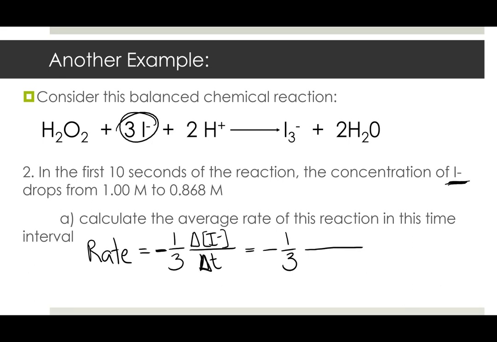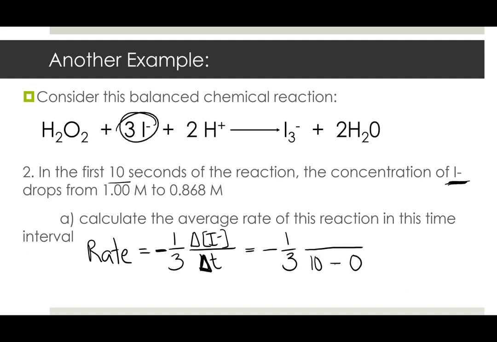So let's look at the change in time first. So this is over the first 10 seconds. So the initial time was 0, right? So before I started my stopwatch, we were at time equals 0. So the initial time is going to be 0. And the final time when I stopped my stopwatch is going to be 10.